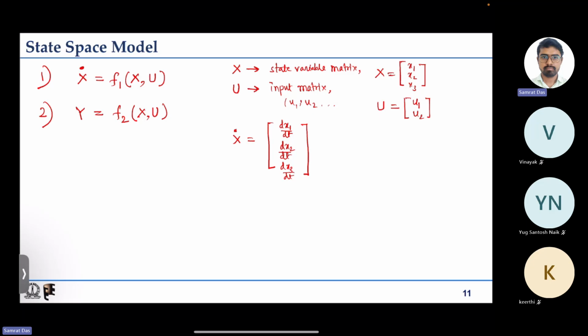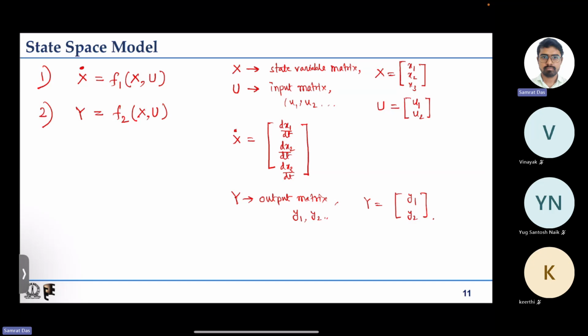Y is basically the output matrix. If you have different outputs, say y1, y2, then this Y matrix will be a column vector of y1, y2, and X and U I have already defined.